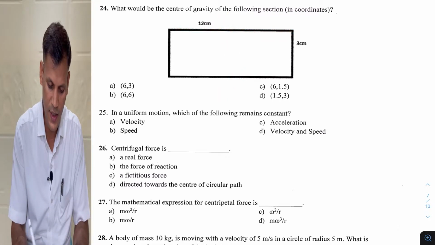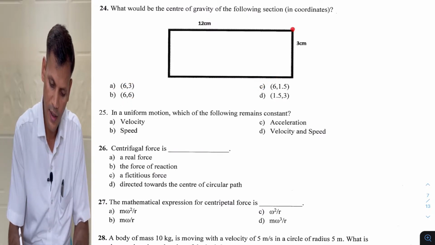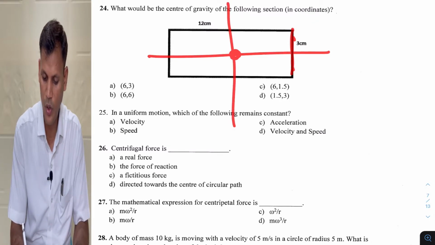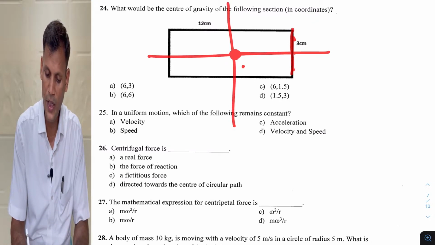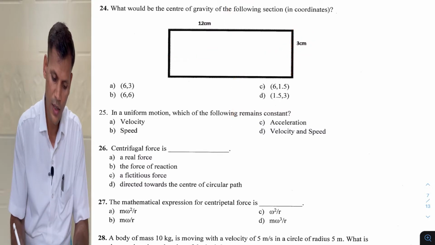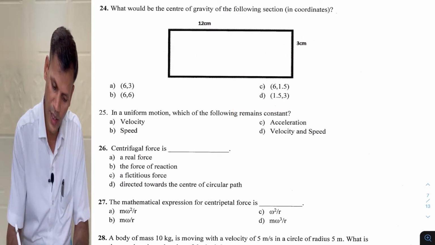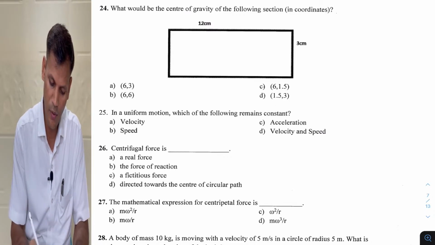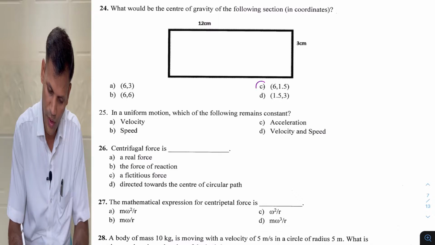One point is 6. Another is half of this, where the center will exist at this point. Half of 3 is 1.5. So 6 and 1.5, x we write first. So of course it will be C.